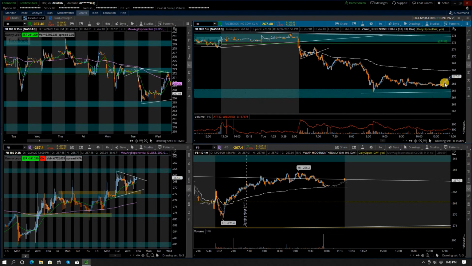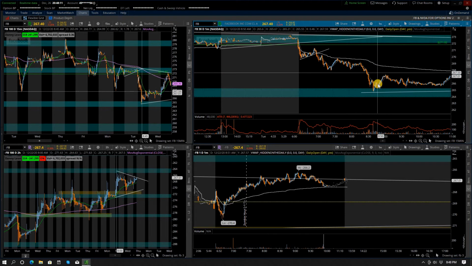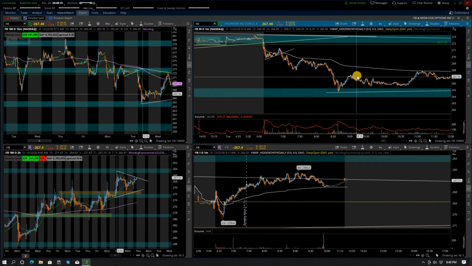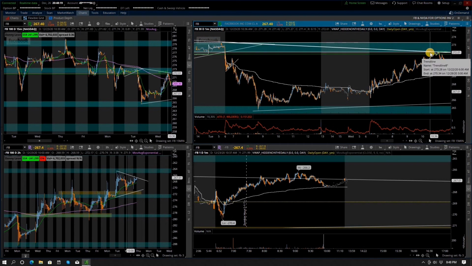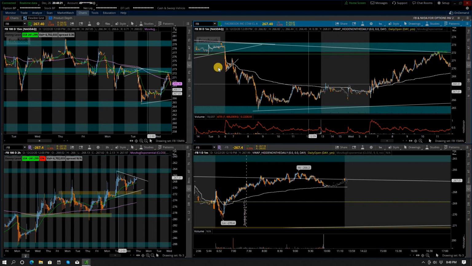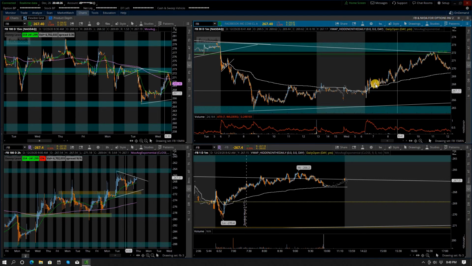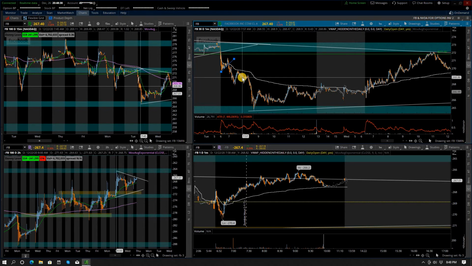So I use these levels also as profit taking levels. And as you guys can see, as it came down, it kind of rejected and then pushed up again, right? This was actually a long to go up, but I got chopped up here, so this wasn't a good day. But basically, that's what I do.